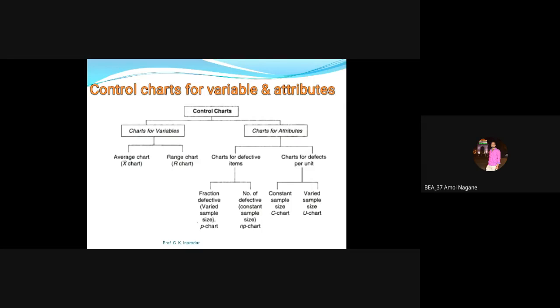Now the next type is charts for attributes: charts for defective items and charts for defects per unit. That will be very important for industrial or manufacturing work.